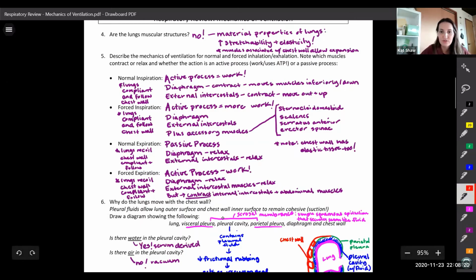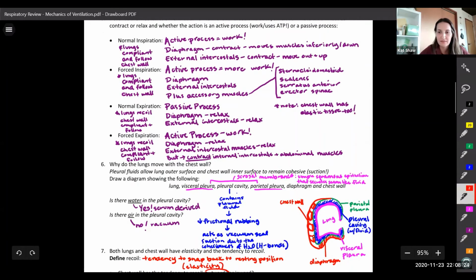And I asked you to take these terms here and draw a diagram like the one that you saw on the slide of a cross section through the lungs to show these different surfaces and fluids that are involved. So here I have the lung surrounded by what's called the visceral pleura, which is a type of serosal membrane.